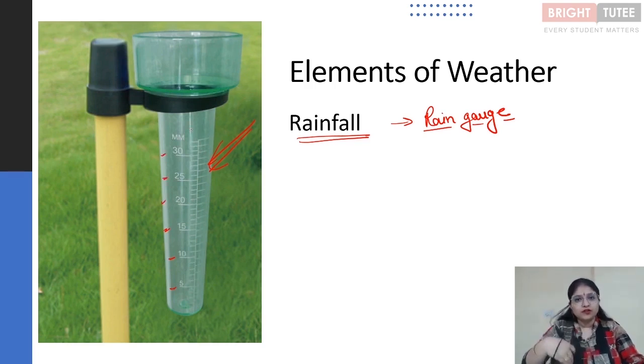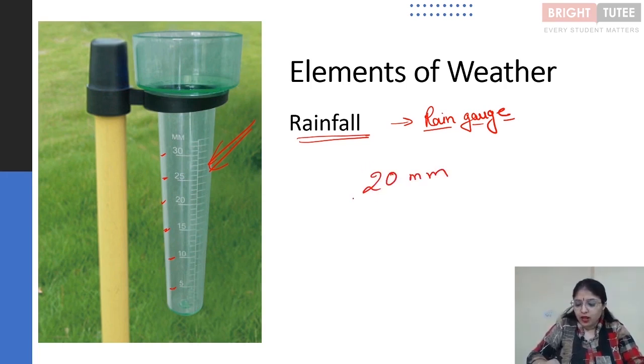There are bigger rain gauges as well. You must have heard that whenever anyone is talking about how much rainfall occurred during the monsoon or in a day, people say that today in, say, Rajasthan, there was 20 mm rainfall. So where does this 20 mm come from?